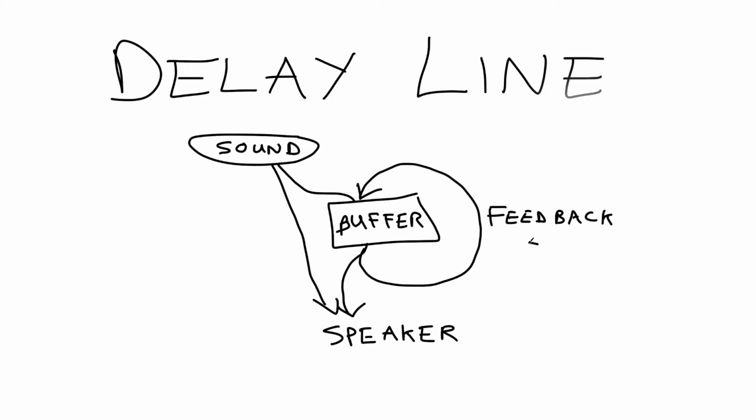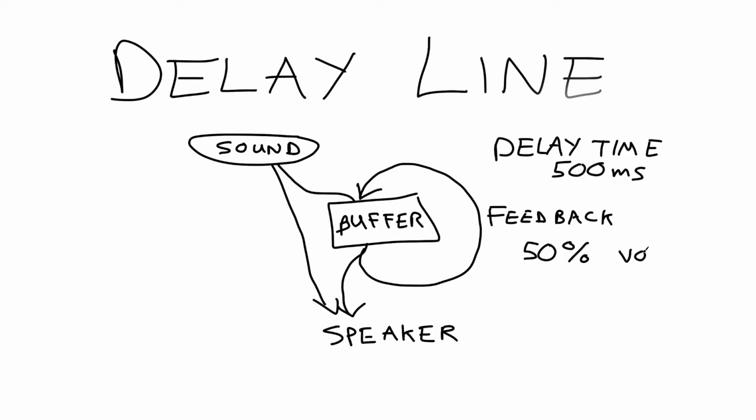If we take 50% of the signal and every time cut it in half, let's imagine our delay time is set to 500 milliseconds. Our sound is produced, goes out to the speakers, is held for 500 milliseconds, comes out half a second later, and at that point also goes back into the buffer, reduced by 50% in volume.